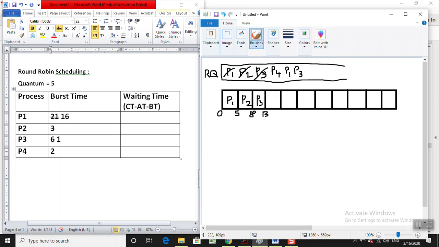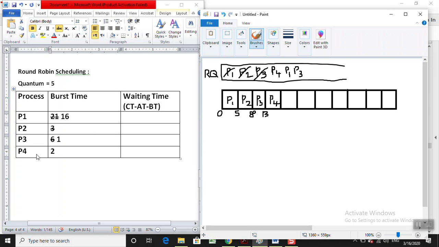Now P4 will be scheduled. How long will it go?